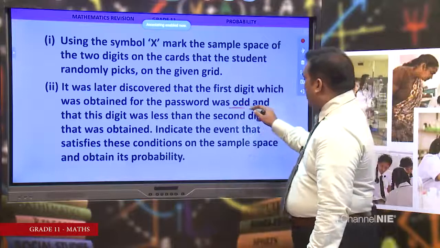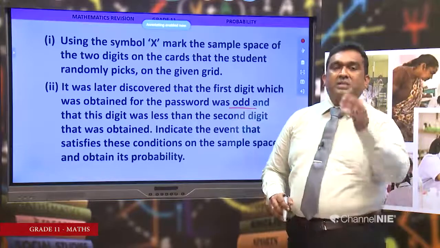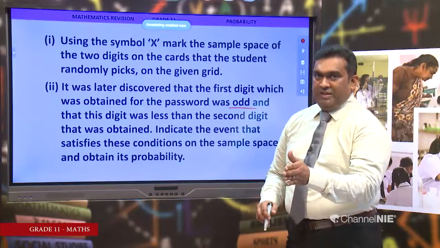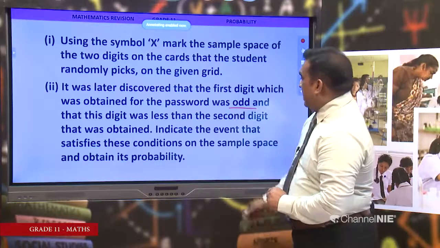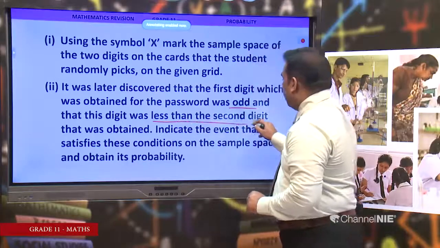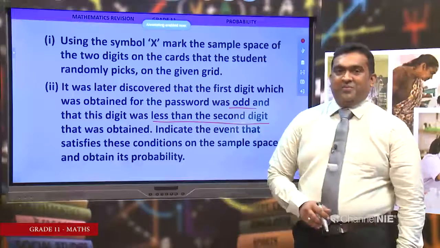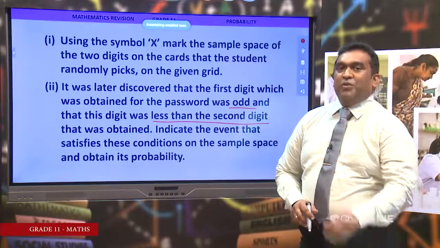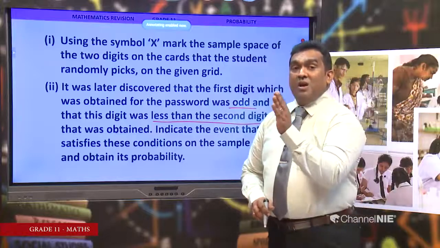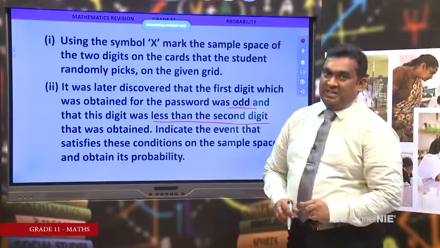Odd. You know about odd numbers, 1, 3, 5. Odd and less than the second digit. Therefore, the first digit should be less than the second digit.